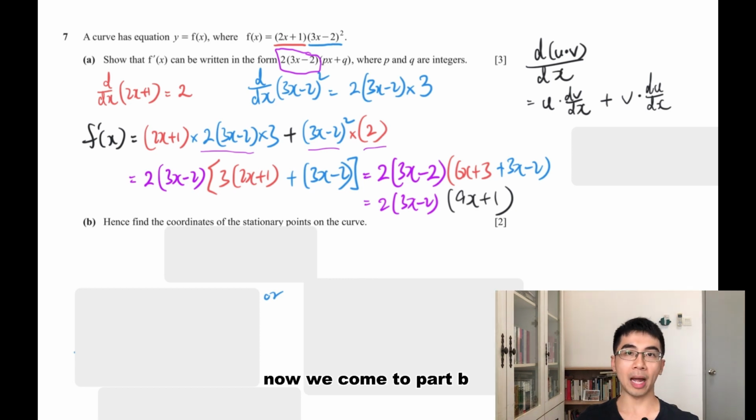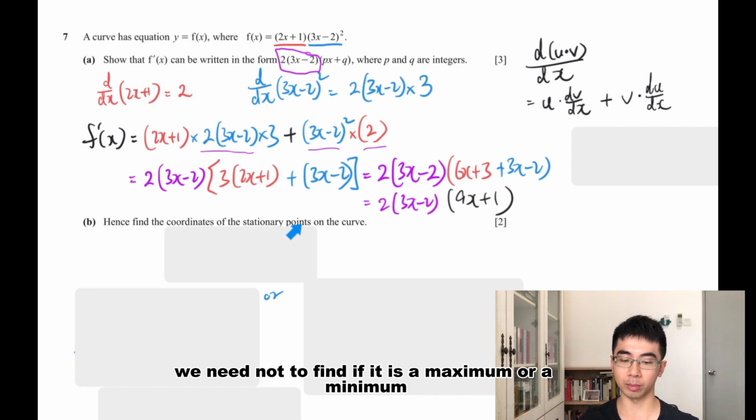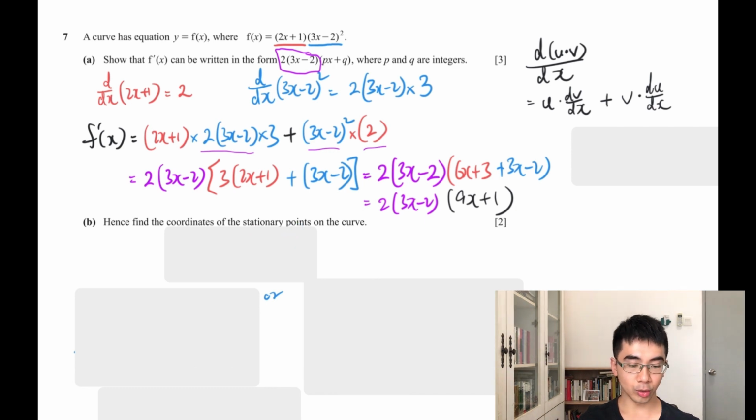So we come to part B. We need to find the coordinates of the stationary points on the curve. So here, just the stationary points. We need not find if it is maximum or minimum. So for a stationary point, f prime of x must be equal to 0.